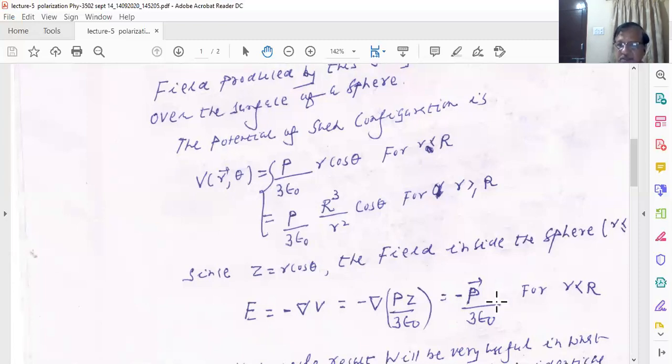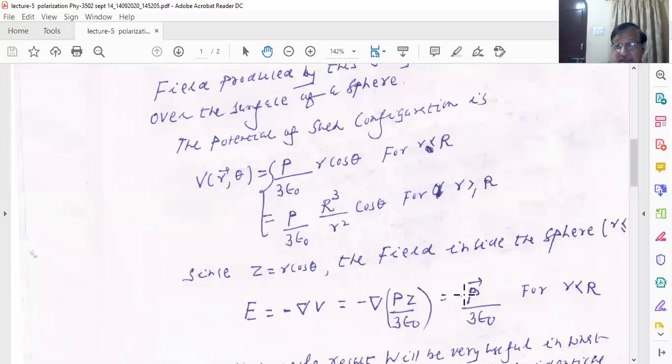Please remember this, because I take a gradient of a scalar. The gradient of a scalar is a vector, and here I write down minus vector P. There is a minus sign here, and minus vector P. You know vector P is along the z direction, along the polar axis. So your electric field, which is produced because of the surface bound charges, is in the negative z direction.